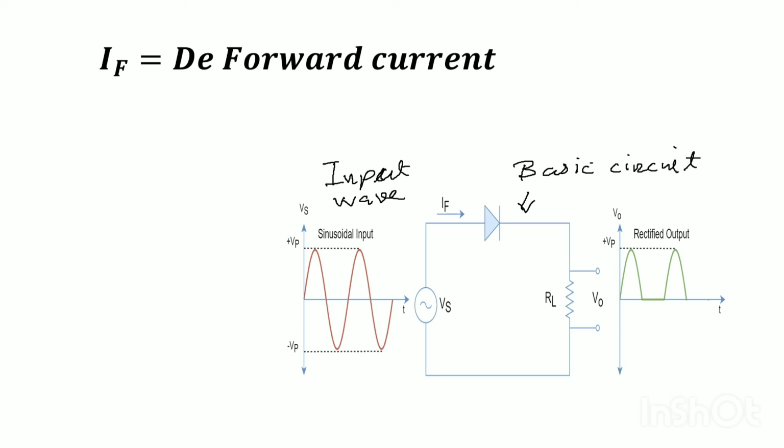Now friends, these are the characteristics of the circuit. When the diode is forward biased, current IF flows and voltage VF is 0. Okay, voltage VF is 0 regardless of the forward current.